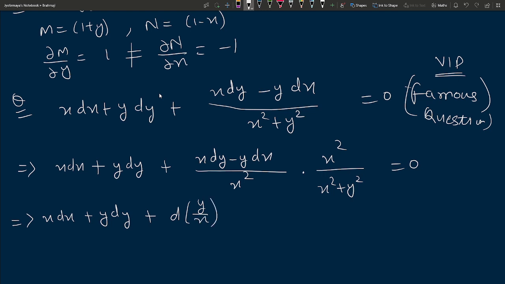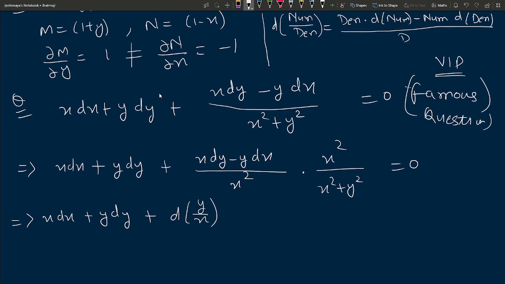See, what is d of numerator by denominator? You know, it is denominator into derivative of numerator minus numerator into derivative of denominator, divided by denominator square. Now see, this is d of y by x: x into derivative of y minus y into derivative of x, sorry, not derivative, it is a differential.